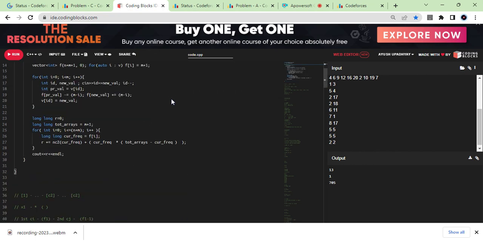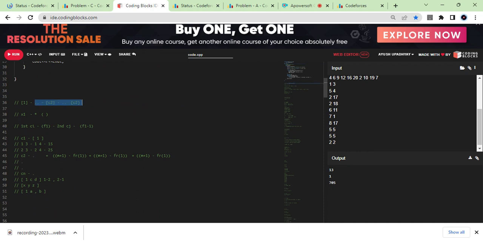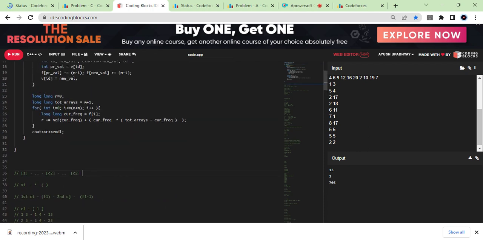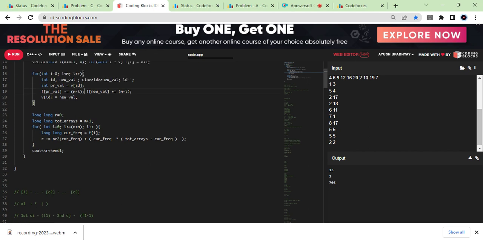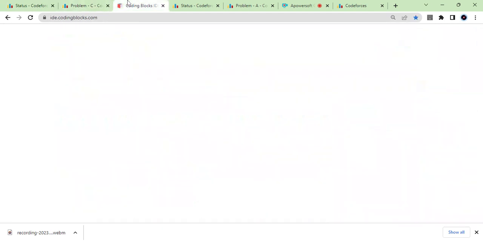so that was all about it. If you again see the logic, so that is the thing. Just have all the chains in this form, but you are only considering a particular value, the frequency of this value, and how many arrays this value is occurring. So you start with the first array and you assume that all the elements will have frequency m plus 1, and then you break that chain and you start a new chain. So accepted.